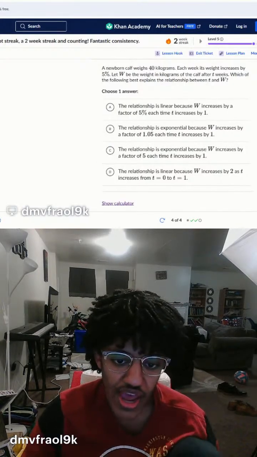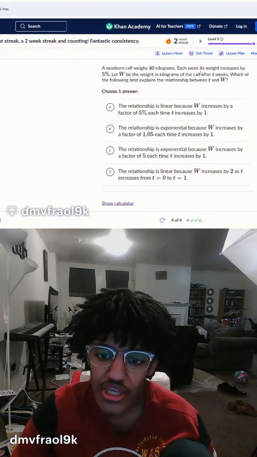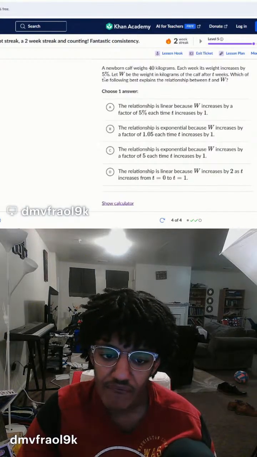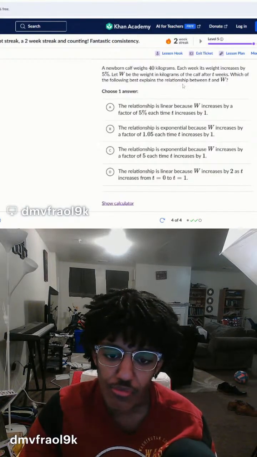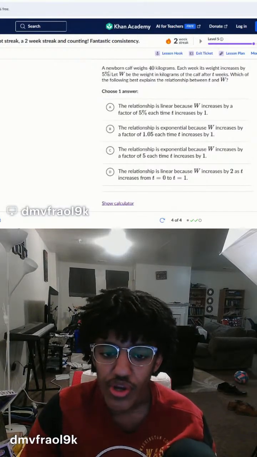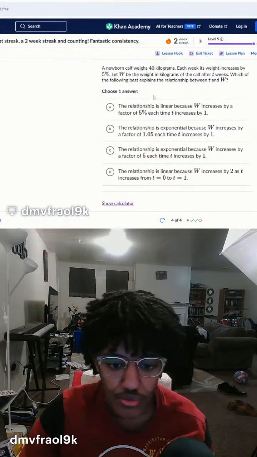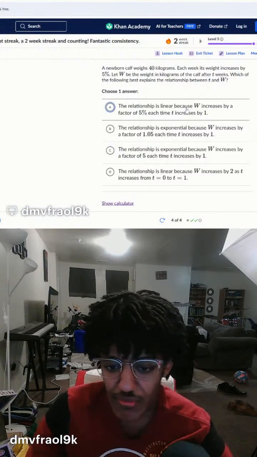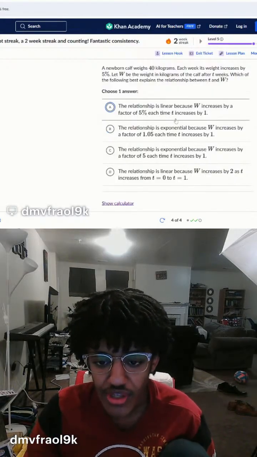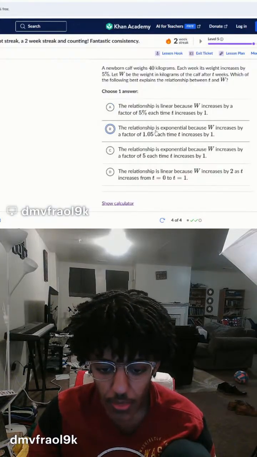A newborn calf weighs 40 kilograms. Each week its weight increases by 5%. Let W be the weight in kilograms of the calf after T weeks. Which of the following best explains the relationship between T and W? The relationship is linear because W increases by the factor of 5% each time T increases by 1.